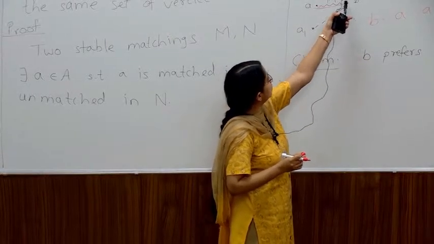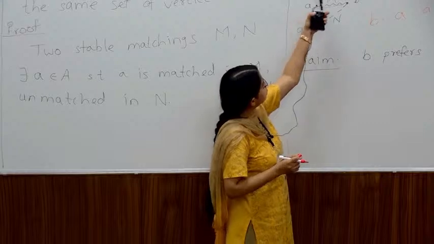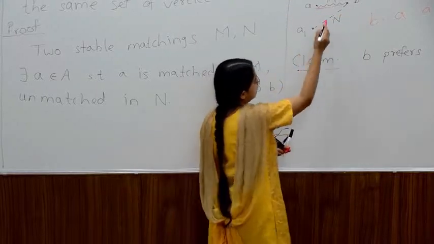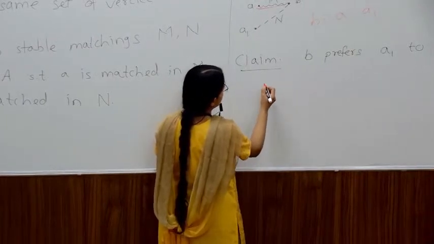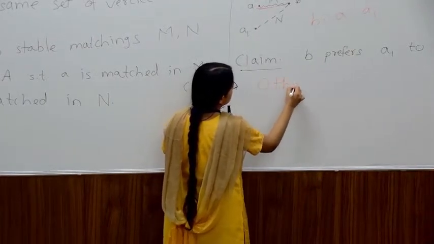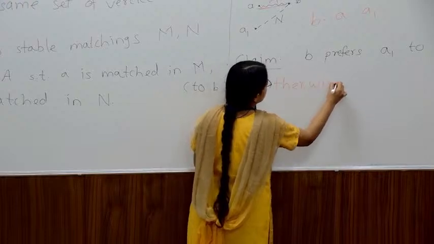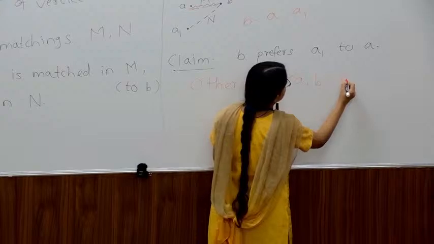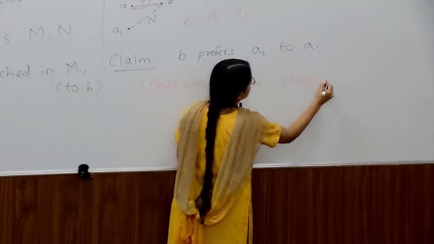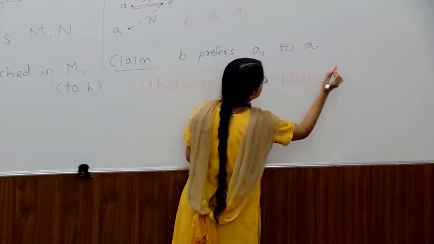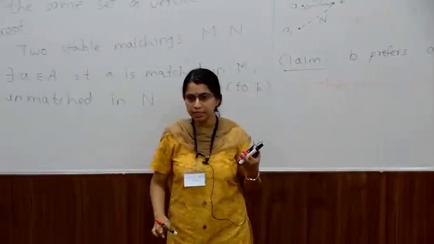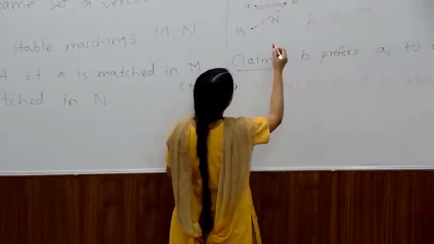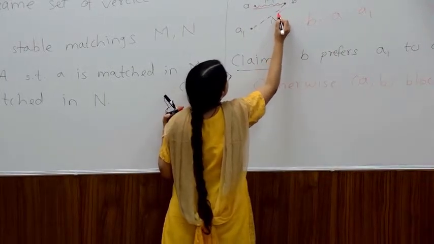In N matching, B prefers A, A is unmatched, so A prefers B, then AB blocks N. Or AB is an unstable pair with respect to N. Am I making sense? So B must prefer A1 to A, that is B's preference must go on this side.